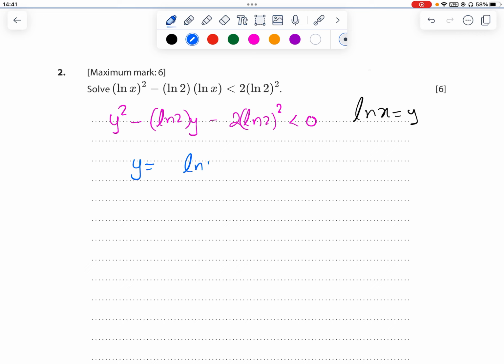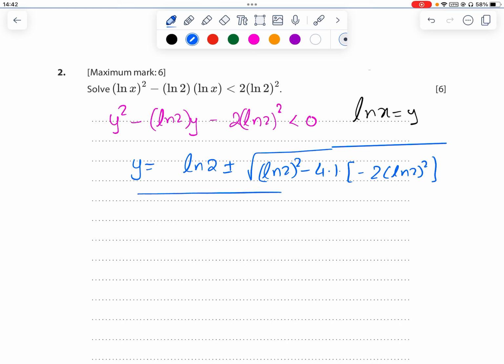y equals minus b plus or minus square root of b squared minus 4ac, where a is 1, c is negative 2 (ln 2) squared, divided by 2a, 2 times 1.